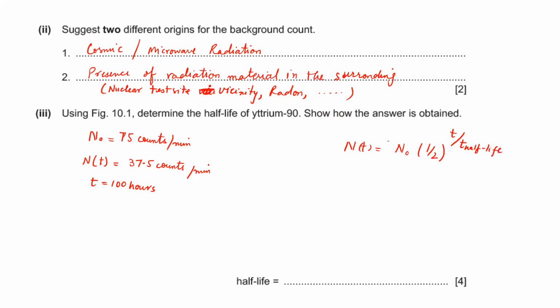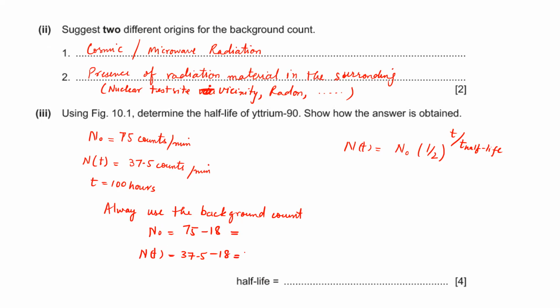One common mistake a student makes here is to just put in these values and calculate. This is wrong. So always use the background count. How are we going to use the background count? N naught is 75 minus 18, and N t will be 37.5 minus 18.